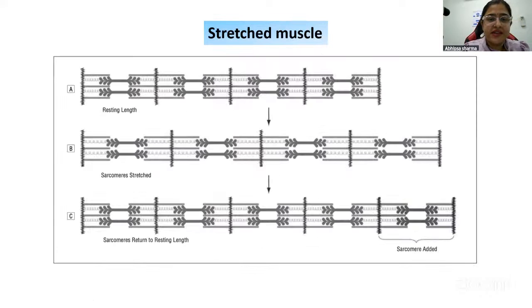Again, the significance lies in these two situations. First is a stretched muscle. When a muscle, due to some cause, is stretched and maintained for several weeks, new sarcomeres are laid down, and this allows each sarcomere to return to its initial optimal length.